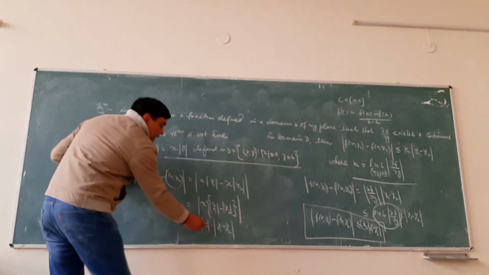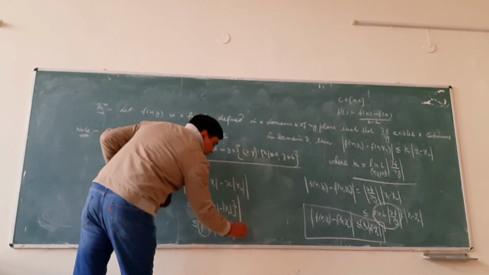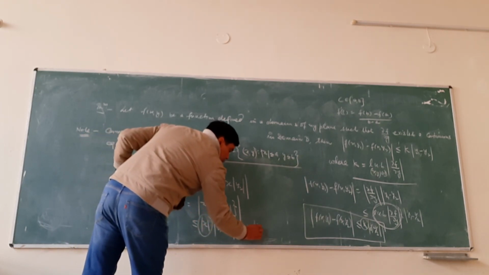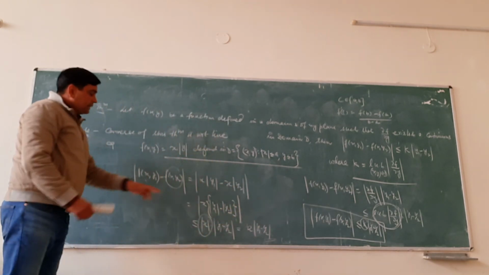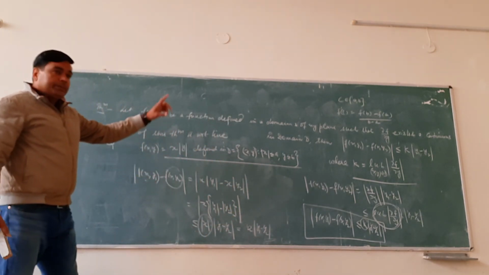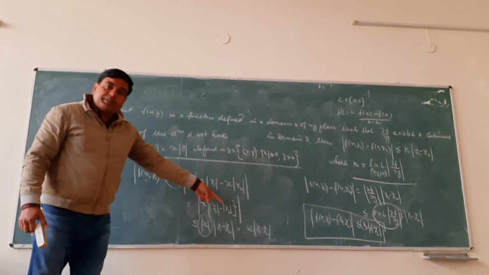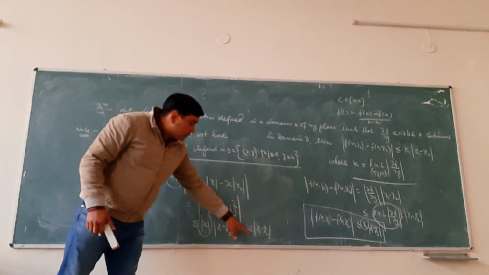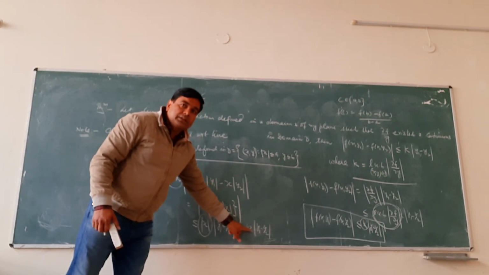Therefore, this mod x may be replaced by a, and this further may be written as a into mod of y1 minus y2. Hence, according to Lipschitz condition, this function satisfies Lipschitz condition with Lipschitz constant k having value equal to a.